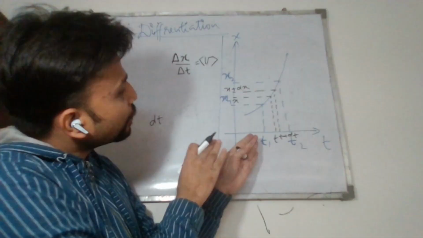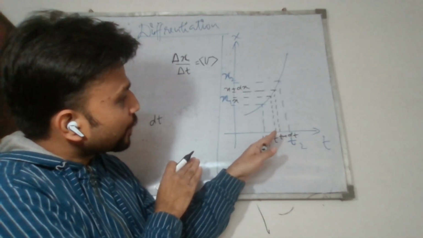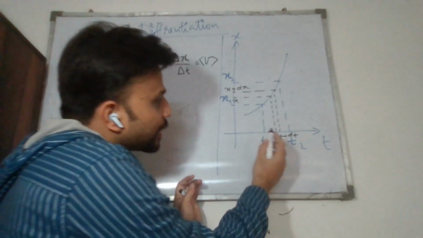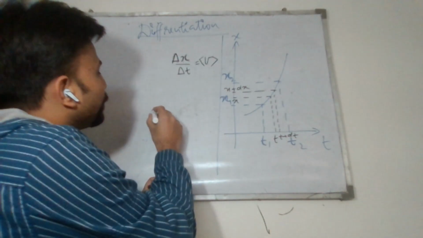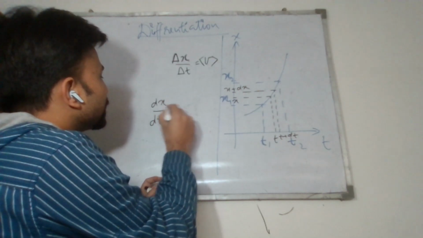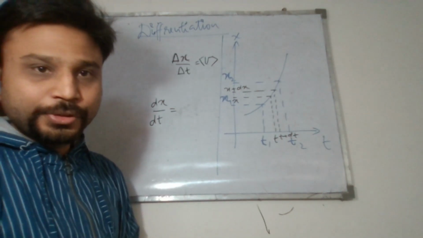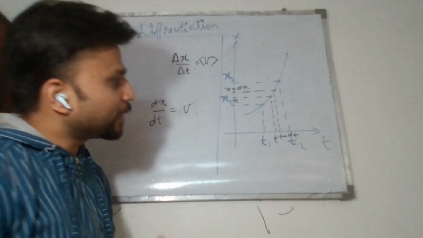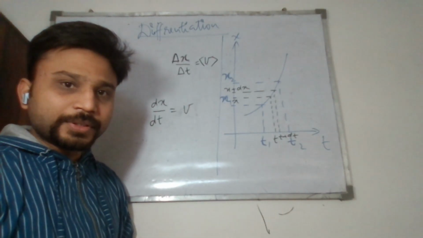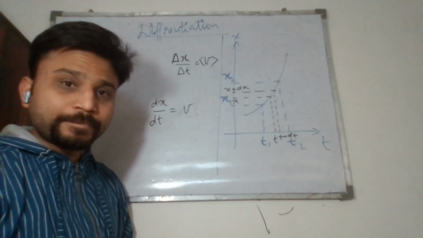So if I were to apply the concept of average velocity here, what is the average velocity between these two time instants? It would be dx by dt. So this is the instantaneous velocity of the particle, v. That is dx by dt.